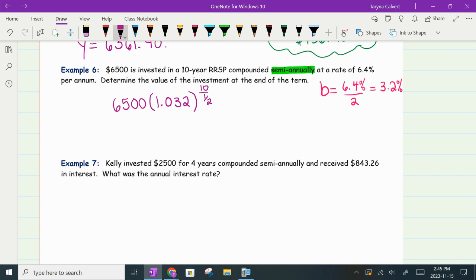So, did you guys punch it in? What do you guys get? Nobody punched it in yet? 1.032 to the exponent of 20. And the value of the investment is, what is it? That doesn't make sense.